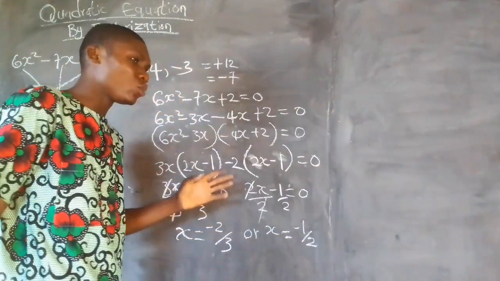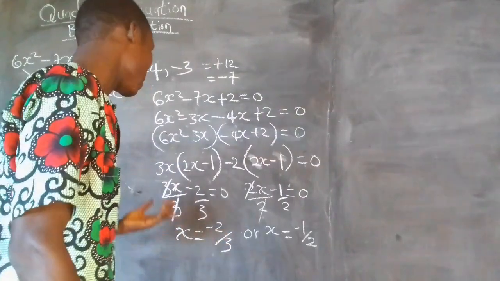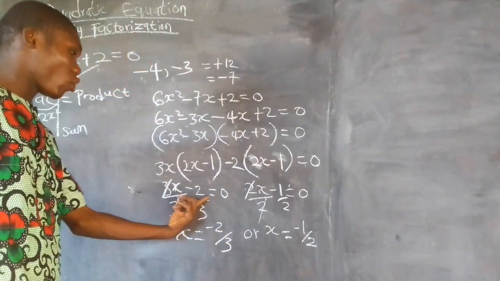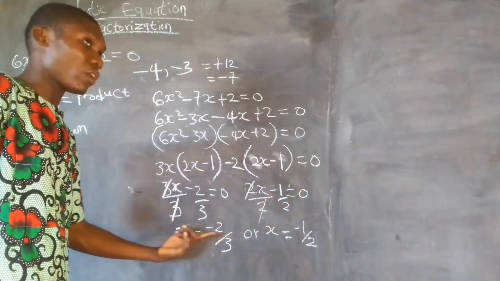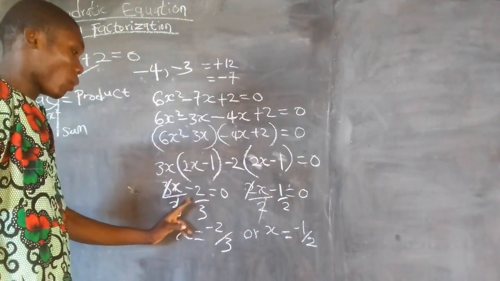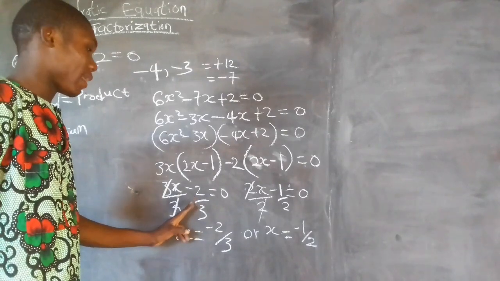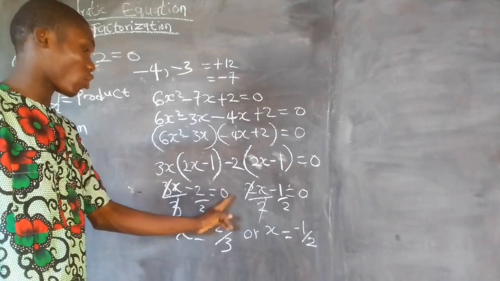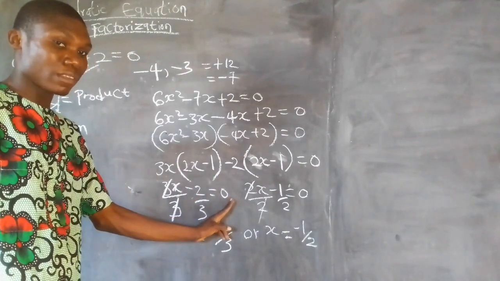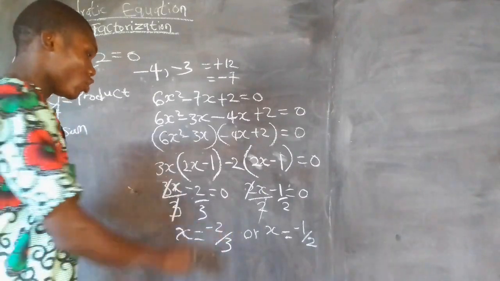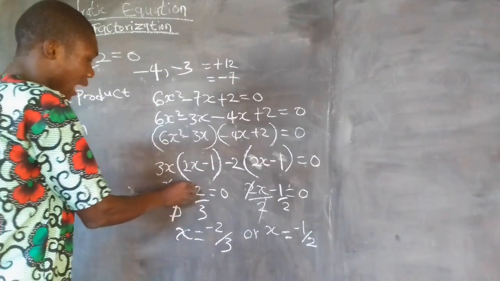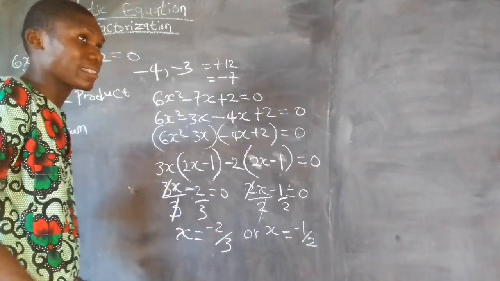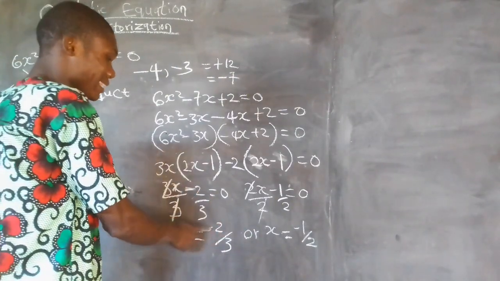So, note this. Here, I allow it to be equals to 0. This to be equals to 0. Now, if I cross this to the opposite, to the left hand side, you see that it will erase this, because anytime a number crosses an equality sign, the sign changes.